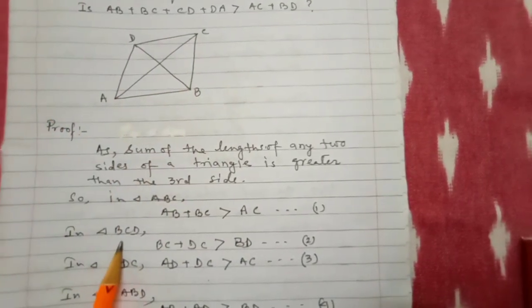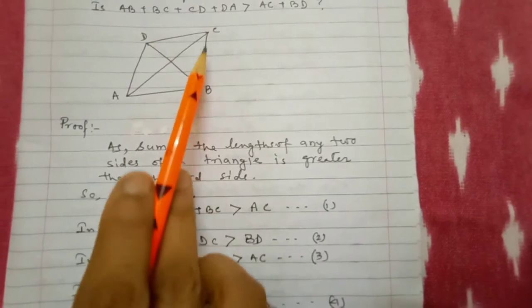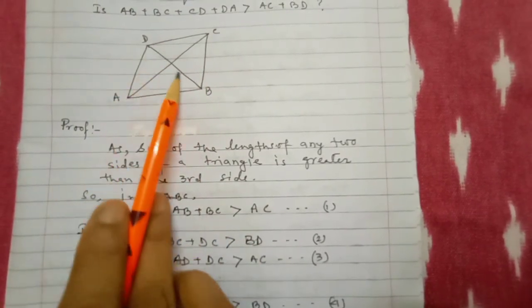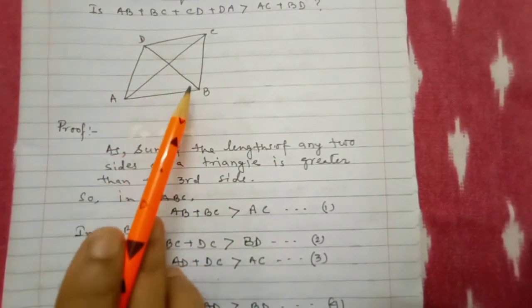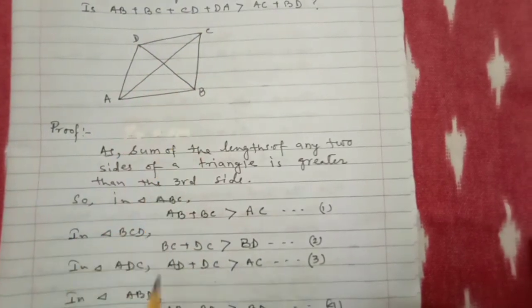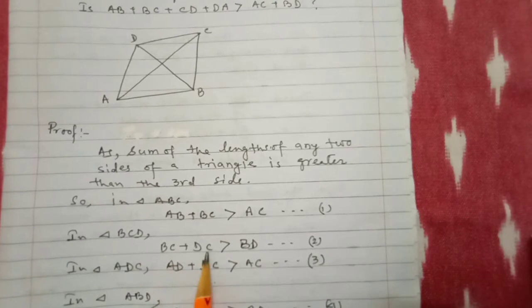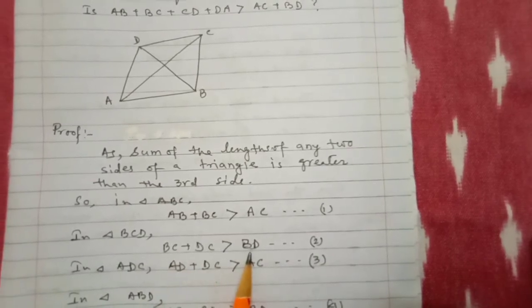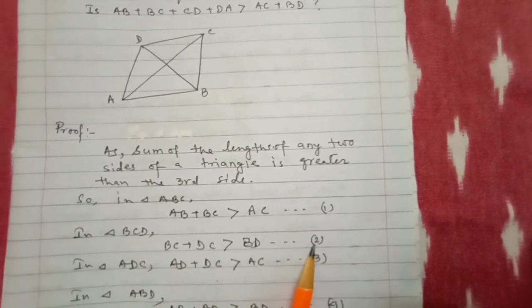In triangle BCD, here also BC plus DC greater than BD. We are taking it as equation 2.